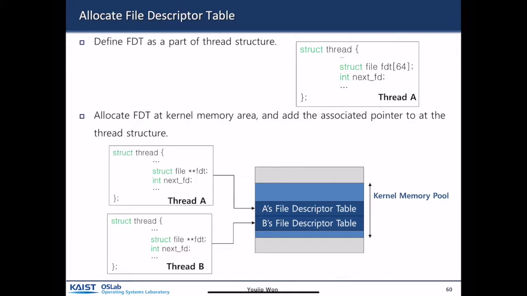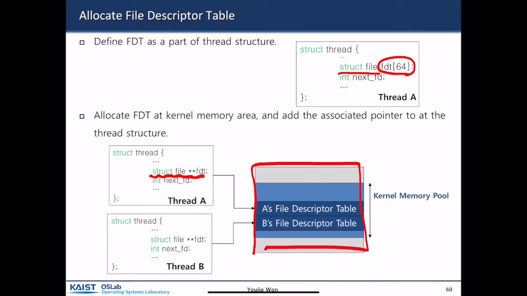We are going to define a file descriptor table of 64 entries. The first approach is to directly embed the file descriptor table of 64 entries in the thread structure. Or we can add a pointer to the file descriptor table, and then allocate a separate file descriptor table in the kernel memory area like this.